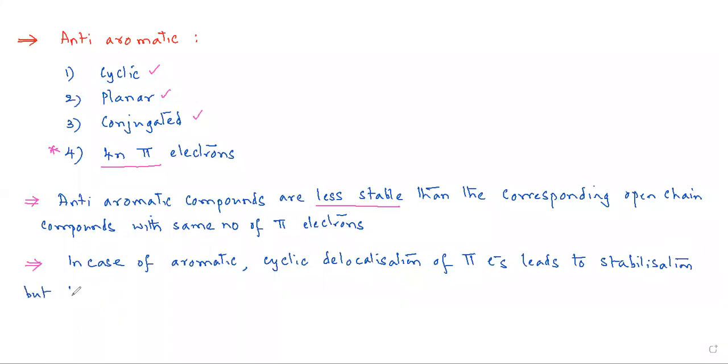But in case of anti-aromatic, the cyclic delocalization of pi electrons leads to destabilization. Okay. Now this is all about anti-aromatic. Only difference is these generally have 4n pi electrons.